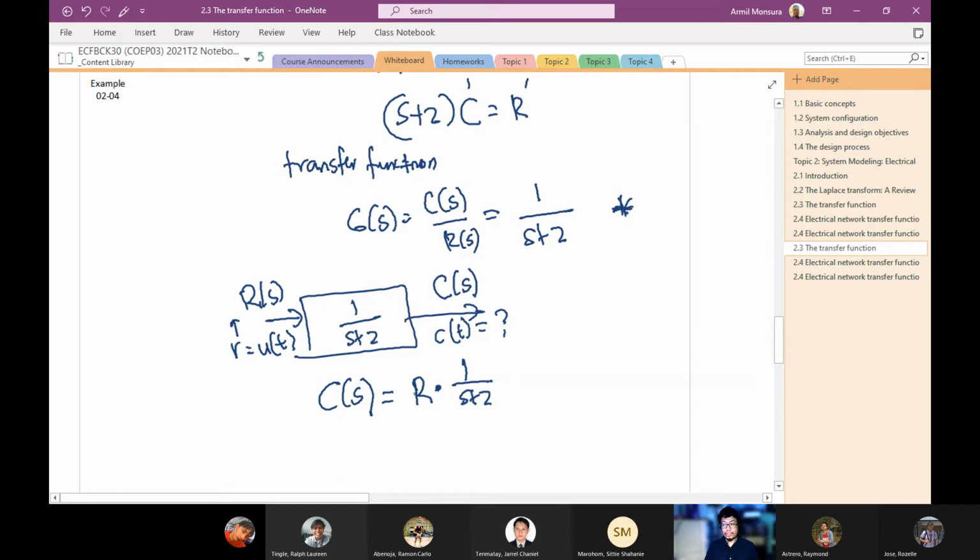The question here is, what is R? All we know is the time-domain r, which is u(t). But this uppercase R is the Laplace transform of that, so we have to find the Laplace transform of u(t).